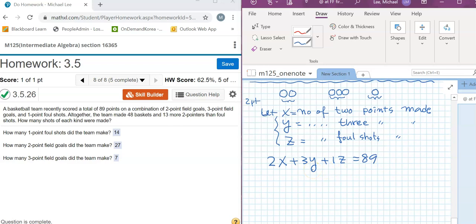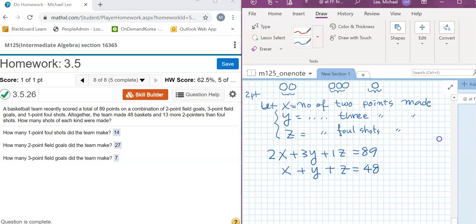Altogether the team made 48 baskets, so X plus Y plus Z is 48. And then 13 more 2-pointers than foul shots.